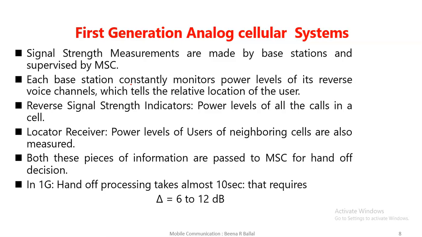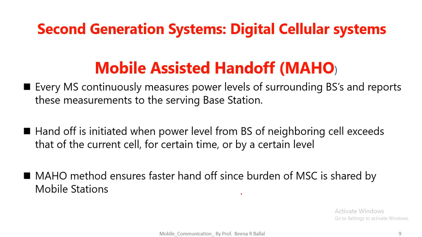This power information is passed to the MSC in order to calculate delta, and once delta is calculated, it decides when to take the handoff. In 1G systems, handoff processing takes almost 10 seconds, which requires the value of delta to be between 6 dB and 12 dB. This is the particular range in first generation analog systems.